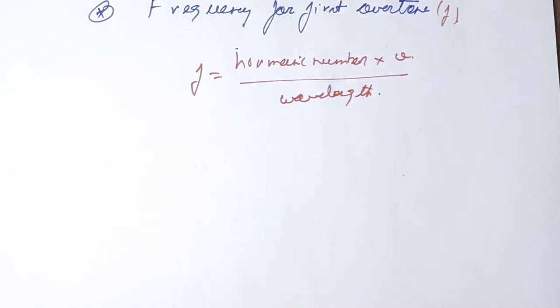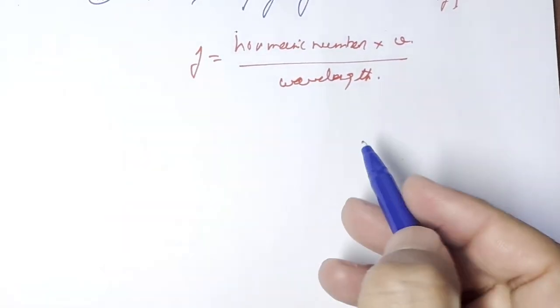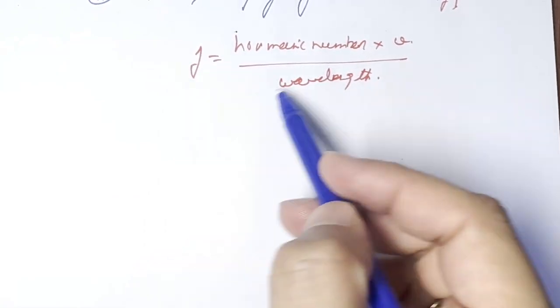So we have two pipes, one is open and another one is closed. So let us consider first the closed pipe, and for this closed pipe we are going to modify this formula.